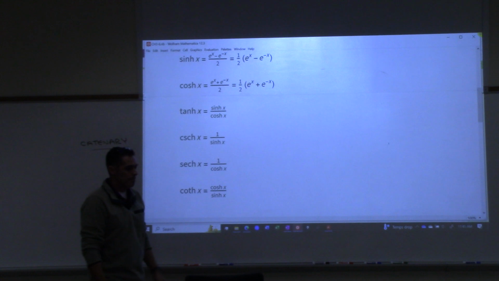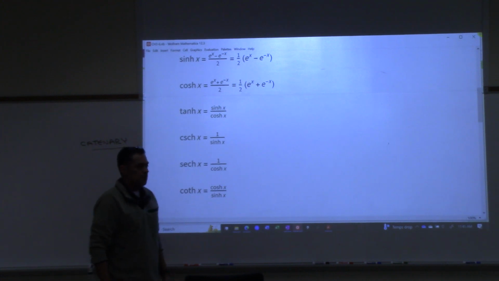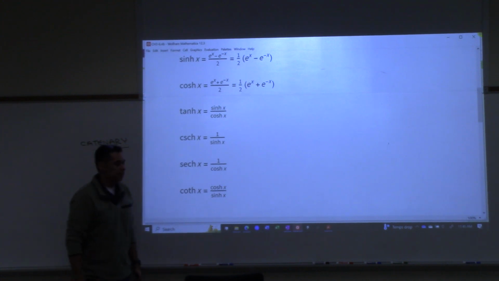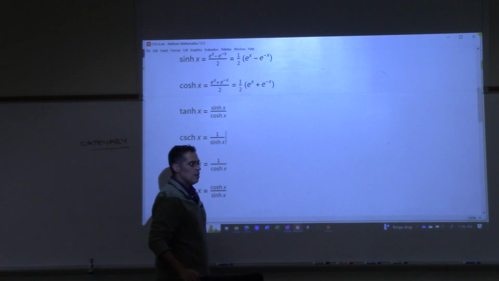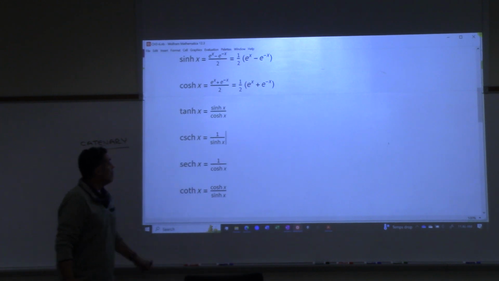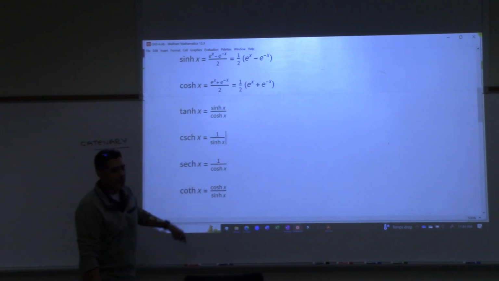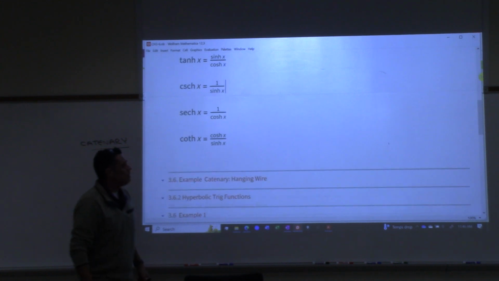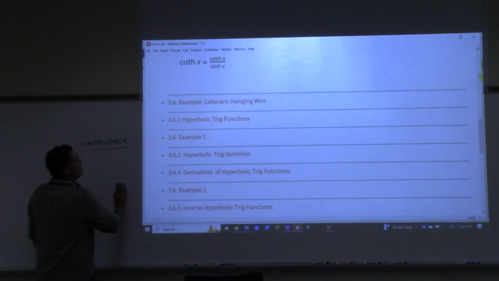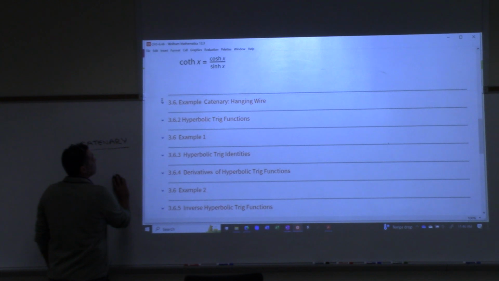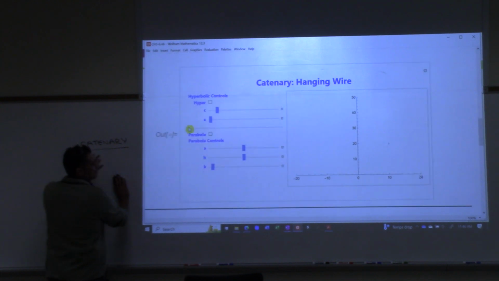Yes? Are those asymptotes that you talked about earlier defined by hyperbolic cosecant and hyperbolic cotangent, since those are the only ones that reach undefined? Yeah, we will have asymptotic behavior in some of these. Let's take a look at the graphs of all of them. We already talked about the catenary.